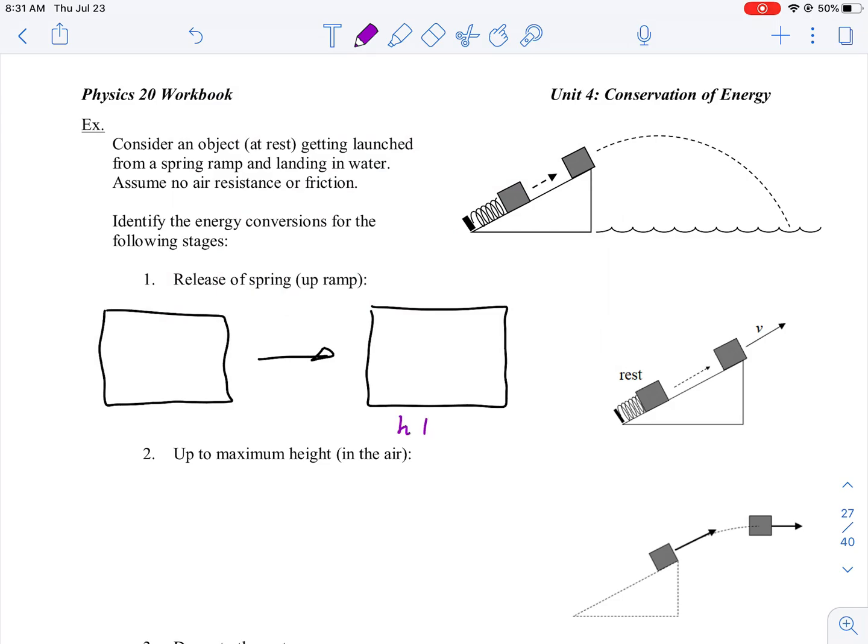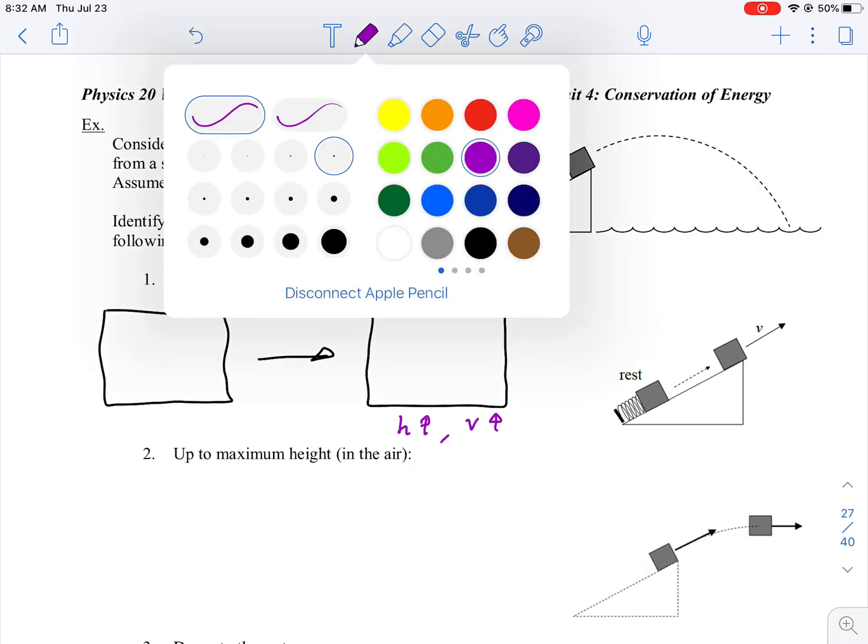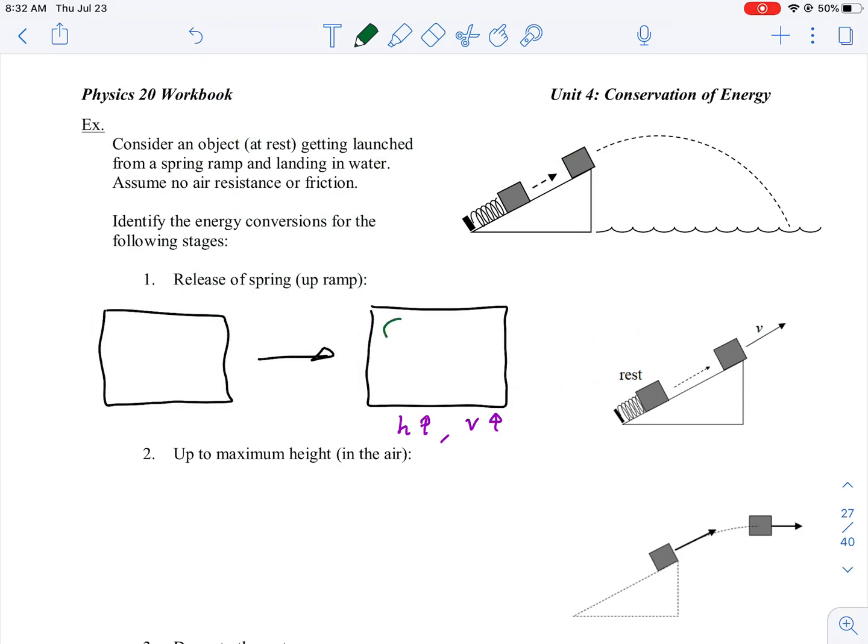There's a height increase on this side. There's also a speed increase on this side. So on the right-hand side, we can see that we have both potential energy and kinetic energy, and they're going to be in the object, that block there. So that's what energy is produced.